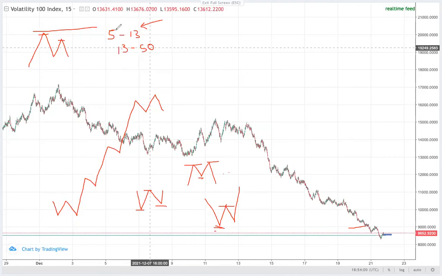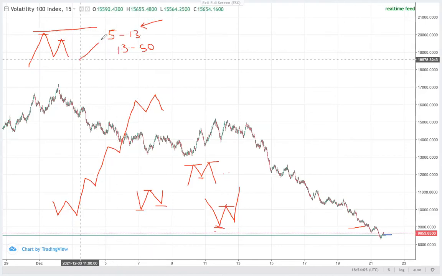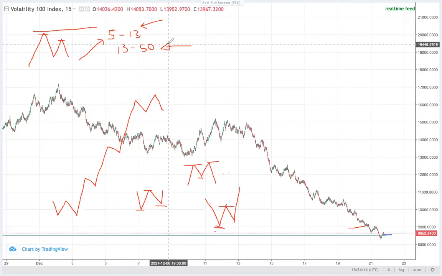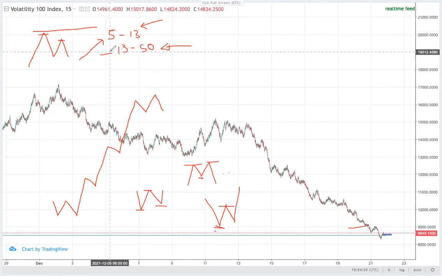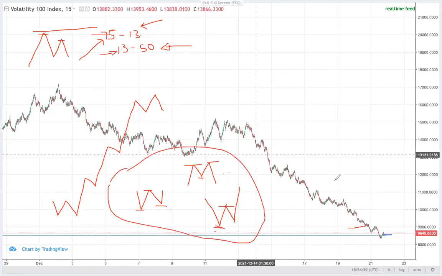The 5 and the 13 cross, basically, they give you entry, and the 13 and the 50, they confirm a peak and show you that you are now entering into level 1. So this is for peak confirmation, and this is for entry. It's a very broad topic, but basically, to put it in a nutshell, this is how you discover peak.